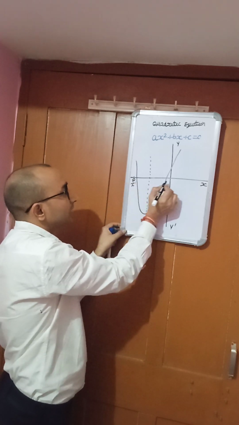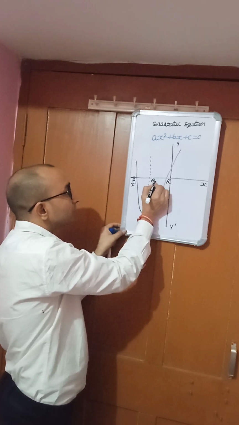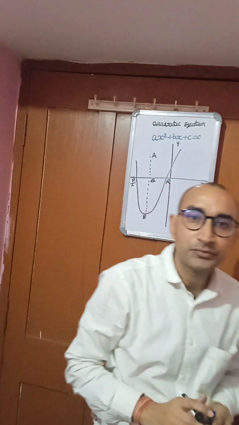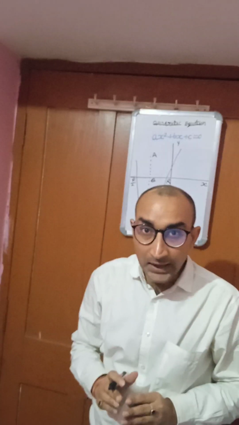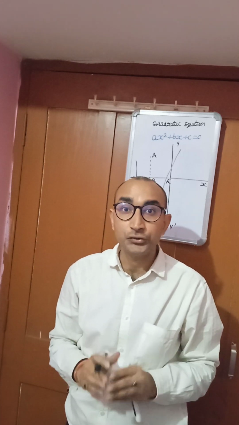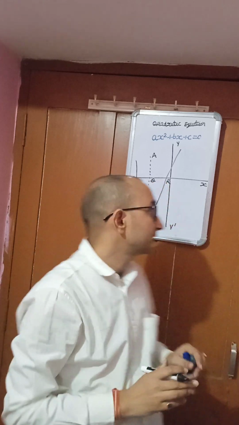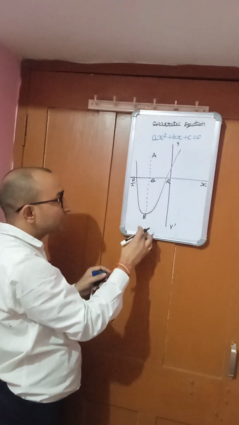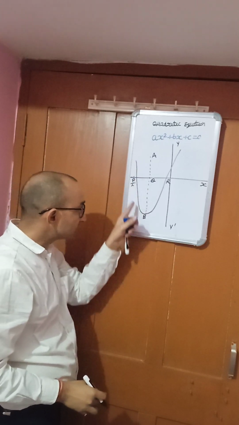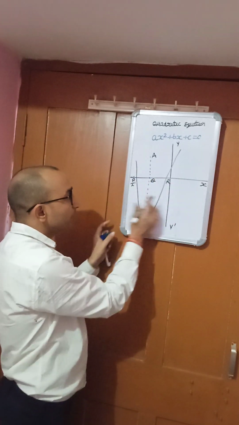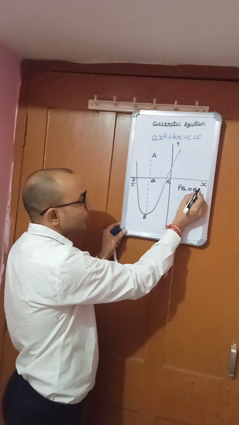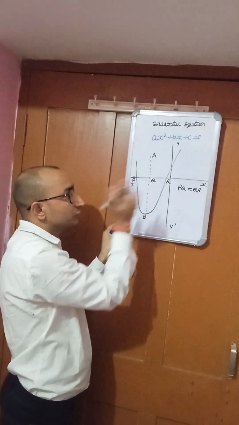Means this is P, this is R, this is Q, this is A, this is B. This ABQ is an axis of symmetry, and this axis of symmetry divides this parabola into two equal parts. Means PQ equals to QR.